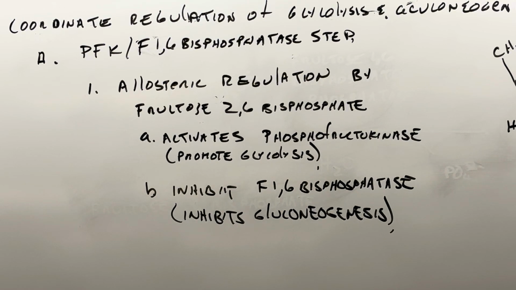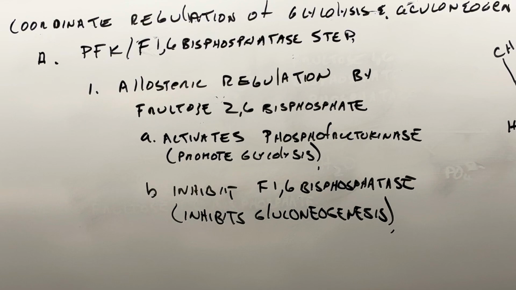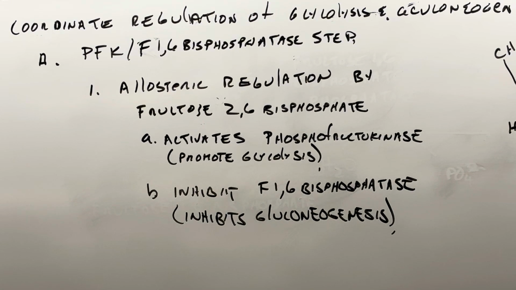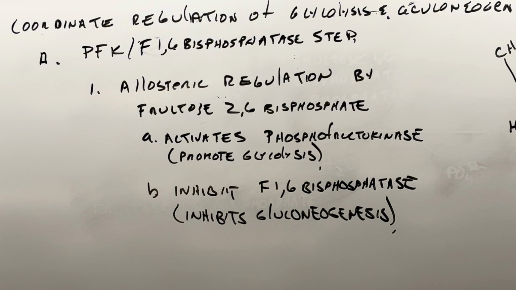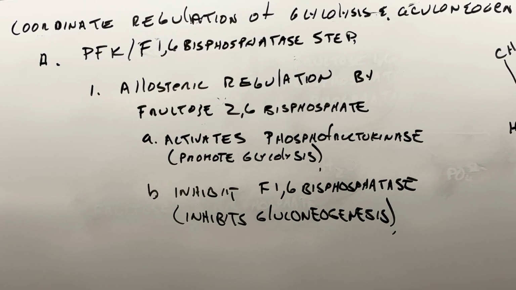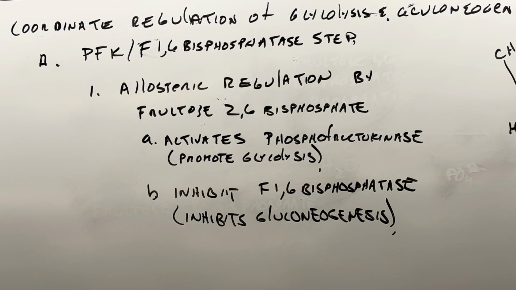There can be things about what's the degradation rate of these enzymes, so you can change the amount of that enzyme either by promoting its synthesis or promoting its degradation. And so there are other ways of regulating these enzymes that might shut them both off. For example, if you shut down transcription, so that neither one of them is actually there. Or more likely, they might actually both get turned on.